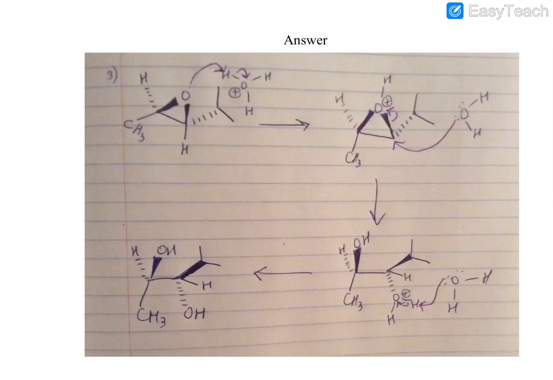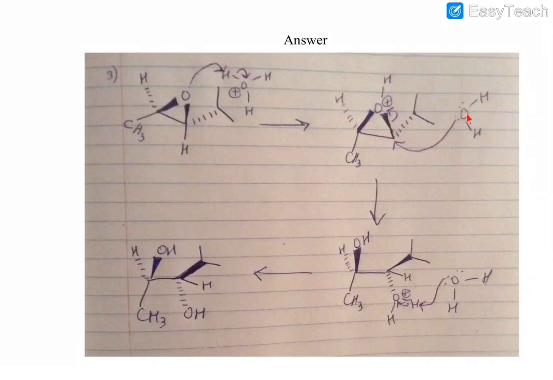Regioselectivity is also considered here because even though it seems at first that both of them are attached to carbons, if you do tiebreaker mode, this carbon is attached to 3 hydrogens and this carbon is attached to 2 other carbons.